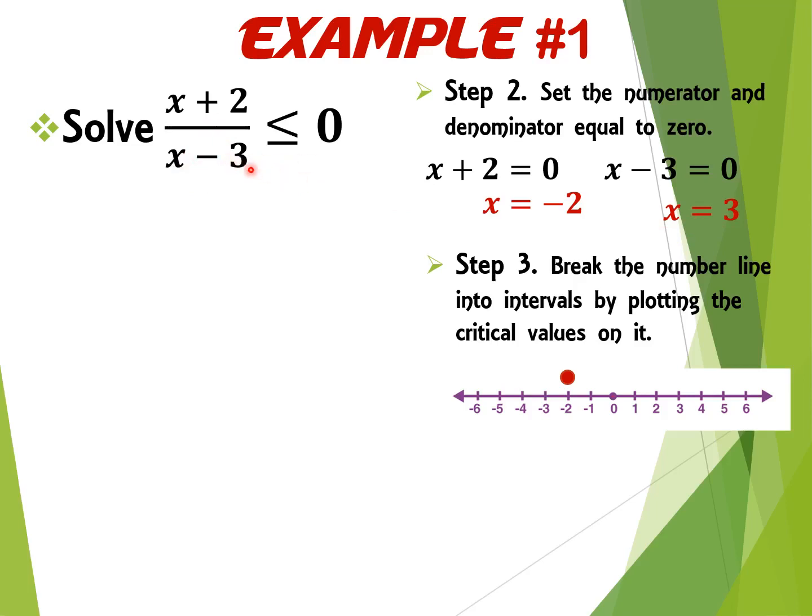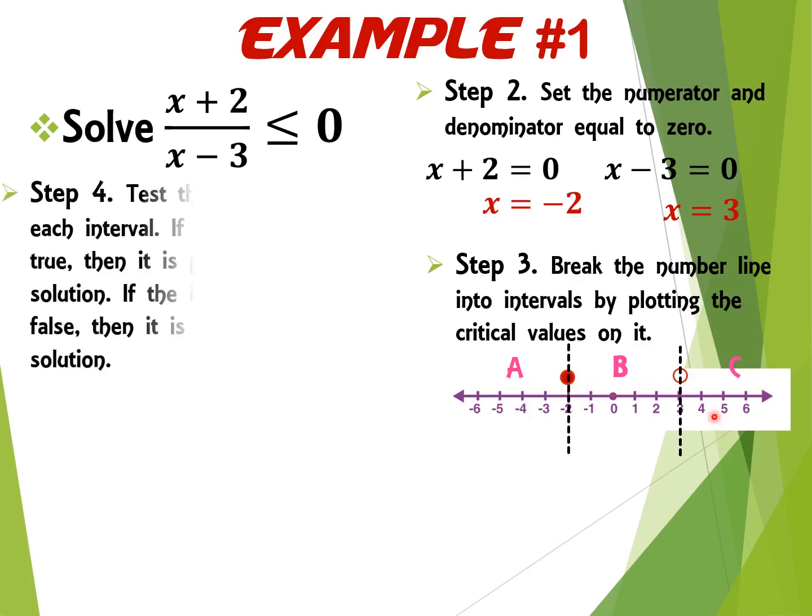So 3 is not part of the solution, and we will have an open circle for 3. This gives us 3 partitions, A, B, and C. The whole number line is now divided into 3 parts. These are the critical values.